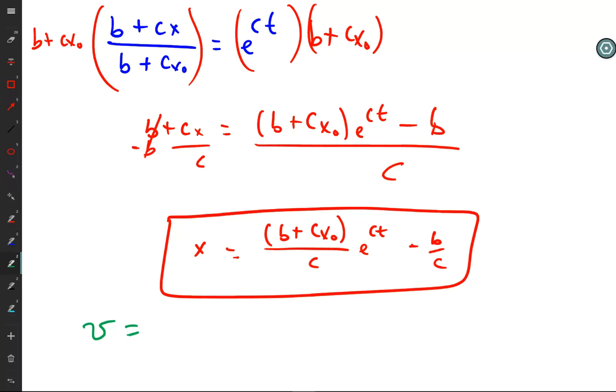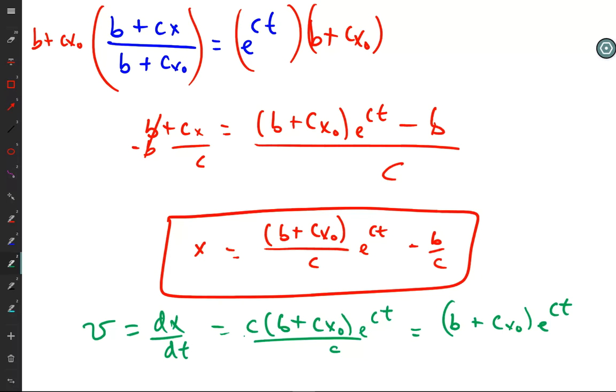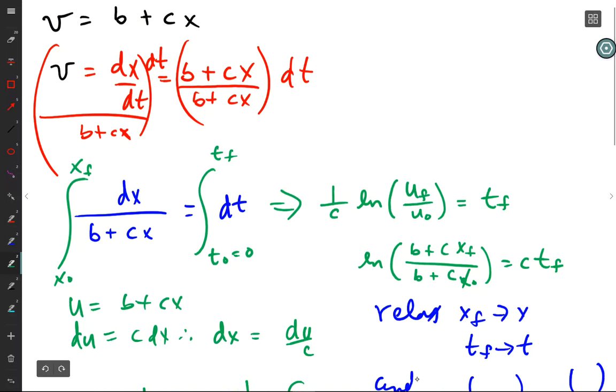Okay, so that's what we get doing it. There's a second way we could get it just to make sure we didn't make a mistake. I had v is equal to b plus cx.